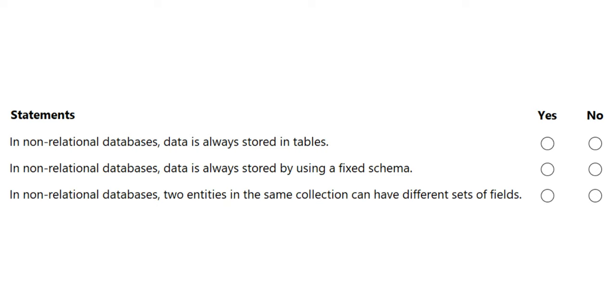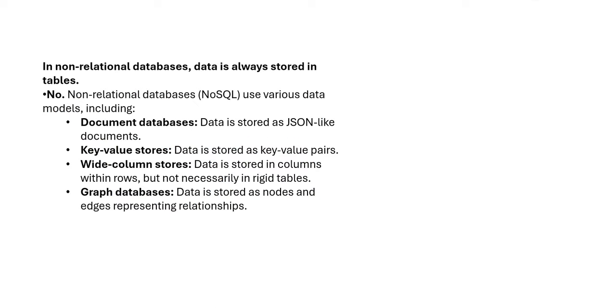Okay, so now we are in the next question, and here we are talking about non-relational databases. So these can be a document database or a NoSQL database like MongoDB and so on. The first one says in a non-relational database, data is always stored in tables. So the non-relational databases, we all know that it is not a SQL database.